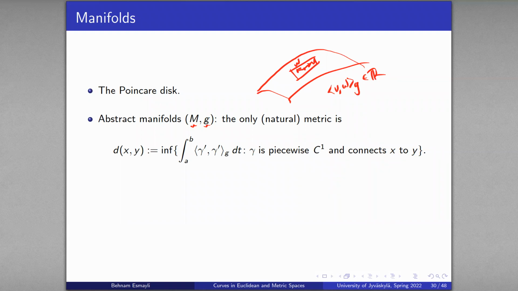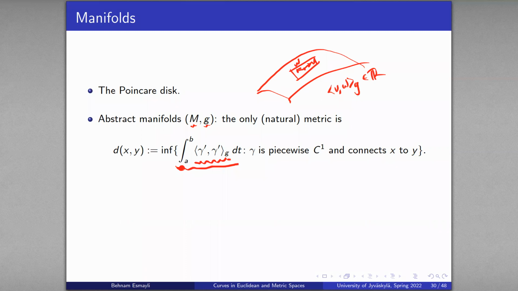And if your manifold is not sitting inside a bigger Euclidean space, then the only natural metric distance that you have is to do a similar thing we did with the Poincare disk. So you'll look at the shortest length of curves that connect x to y.